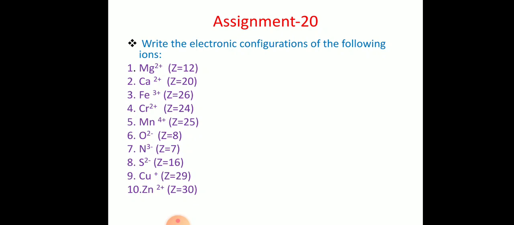Manganese 4 plus, having atomic number 25. O2 minus, oxygen ion, having atomic number 8. Nitrogen ion, having atomic number 7. Sulfide ion, having atomic number 16. Copper ion, having atomic number 29. And zinc ion, having atomic number 30. So complete this assignment, write down the electronic configuration as I have explained, and send it in my mail.